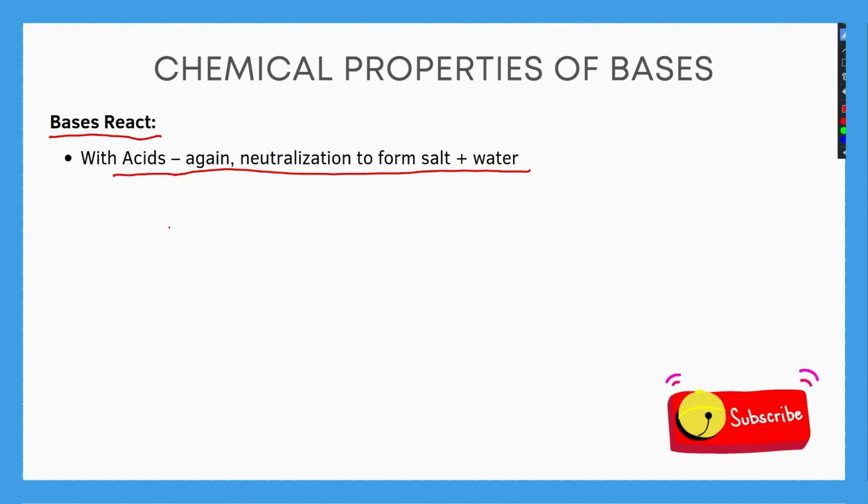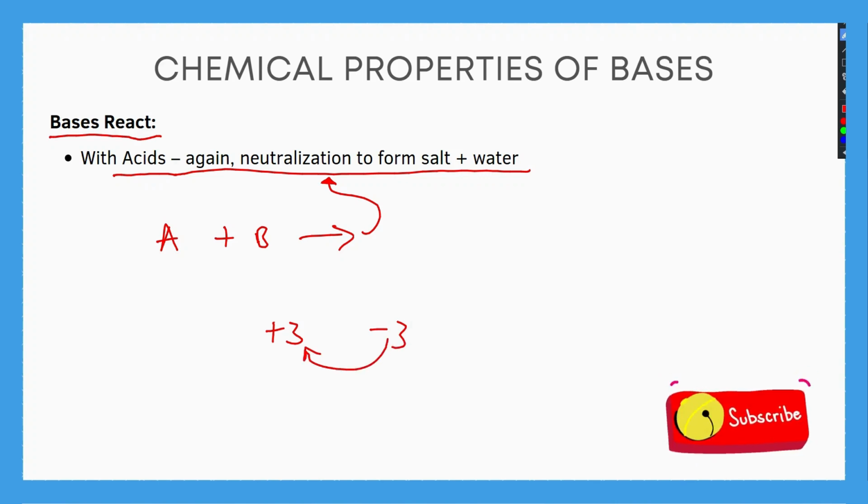When an acid reacts with a base, we call it a neutralization reaction, because they are neutralizing the effect of each other. It's just like saying +3 and then -3. The two of them are going to cancel each other out to give 0, which is neutral. So that's what the reaction between an acid and a base is all about.